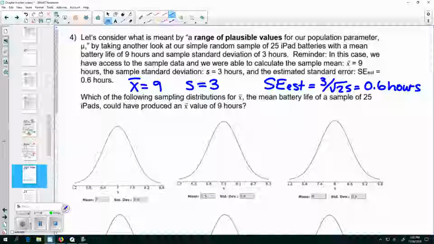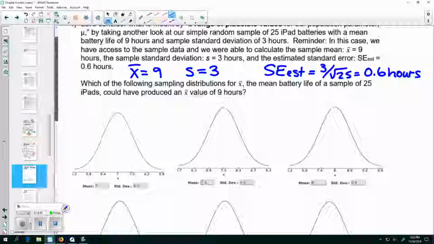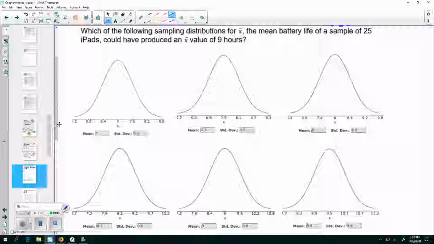So the question then is, which of the following sampling distributions for x bar, the mean battery life of a sample of 25 iPads, could have produced that sample mean x bar value of 9 hours? There are 9 possibilities here. The first one is assuming that the population mean is 7 hours and that the population standard deviation is 3 hours.